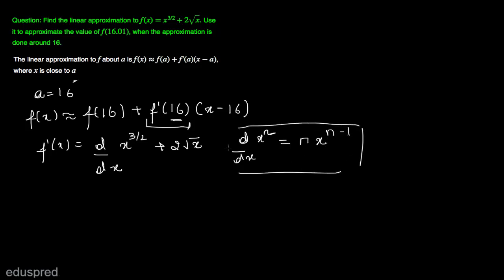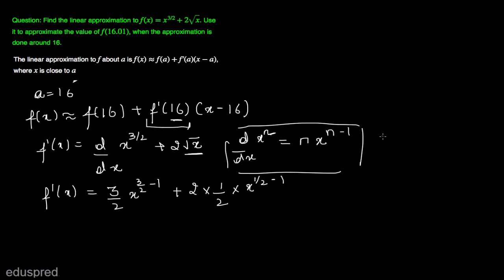Using this formula, f'(x) is equal to (3/2) x^(3/2 - 1) + 2 multiplied by (1/2) x^(1/2 - 1), as √x can be written as x^(1/2).